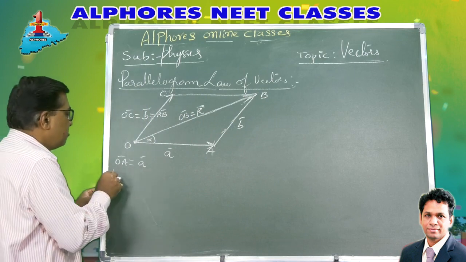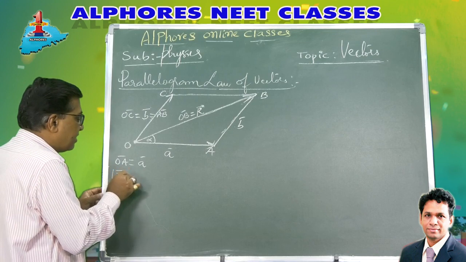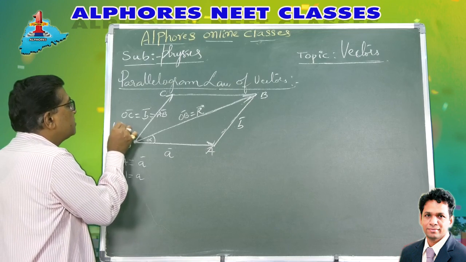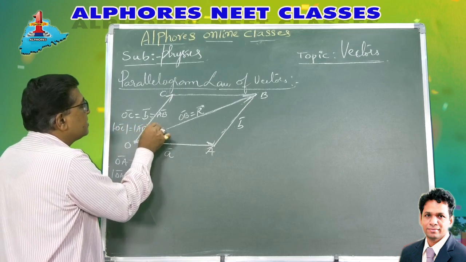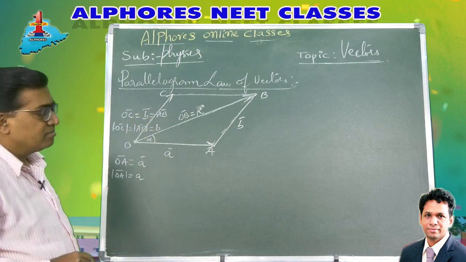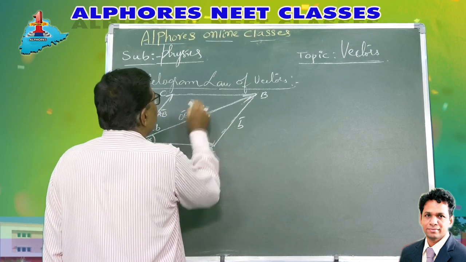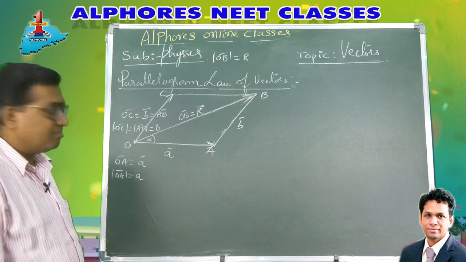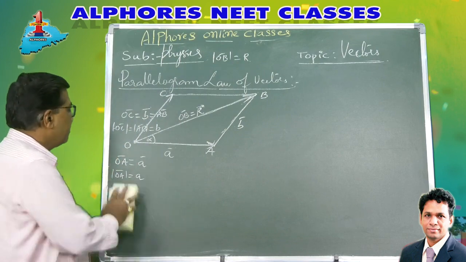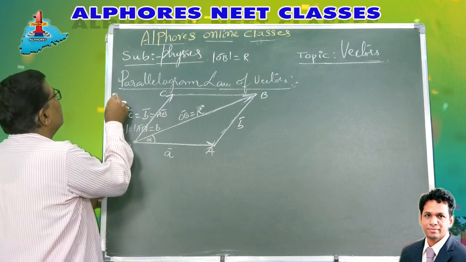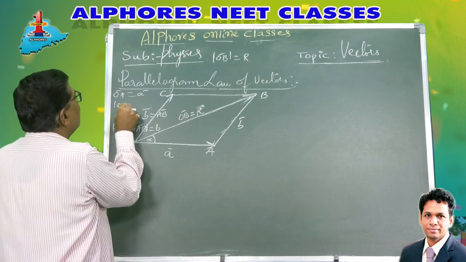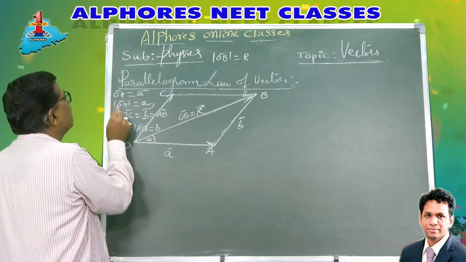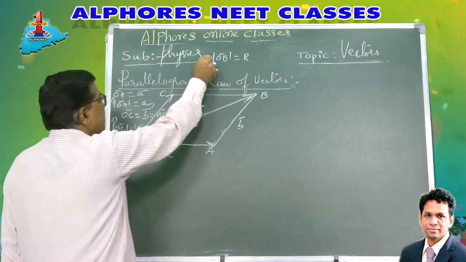Well, magnitudes also: mod OA bar is mod A bar, simply A. Mod OC bar, the magnitude of OC or of AB, is simply B. Then the magnitude of OB bar, the resultant magnitude, mod OB bar is simply R. So just remember this: the first, second and the third one.